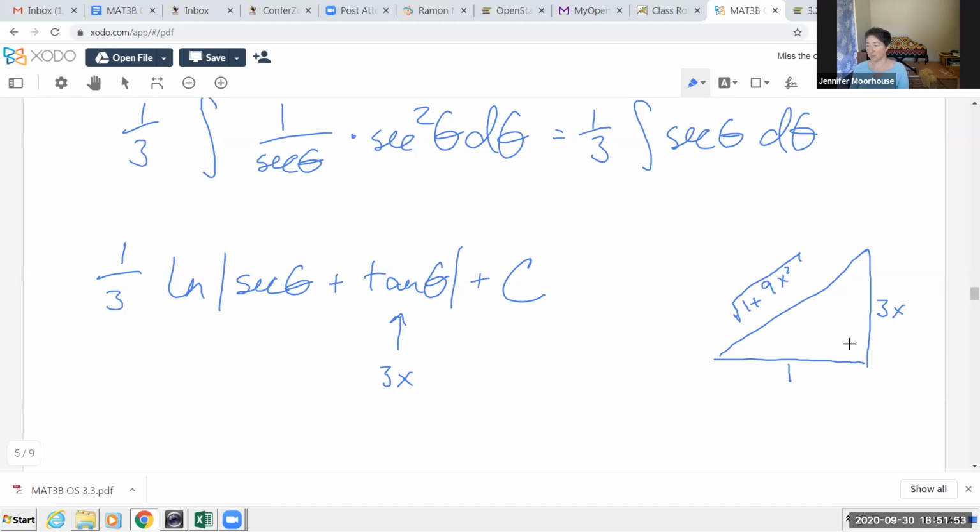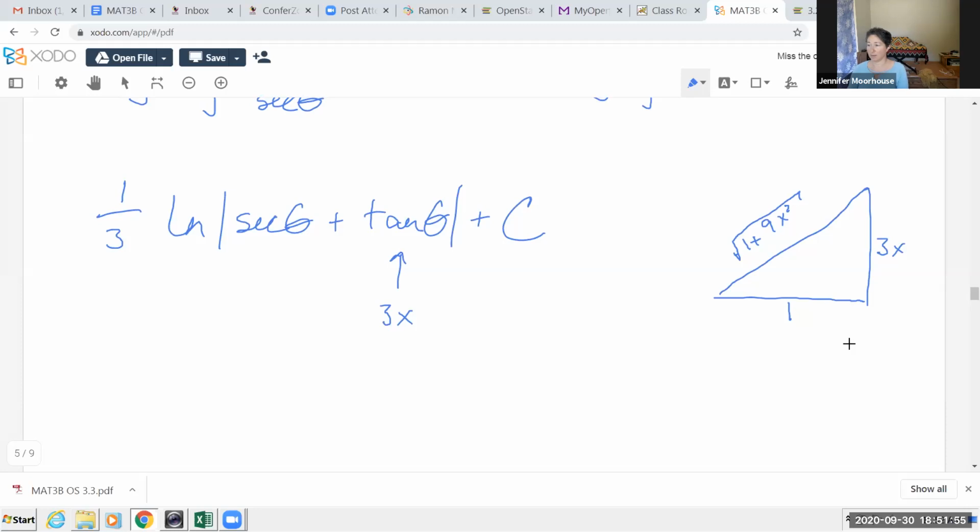And then secant theta is hypotenuse over opposite. Sorry, I think I wrote that wrong on the last one. Oh, maybe not. Maybe it was in the secant. No. I'll have to go back and look in the notes. So secant is hypotenuse over opposite, which is square root of 1 plus 9x squared over 3x.